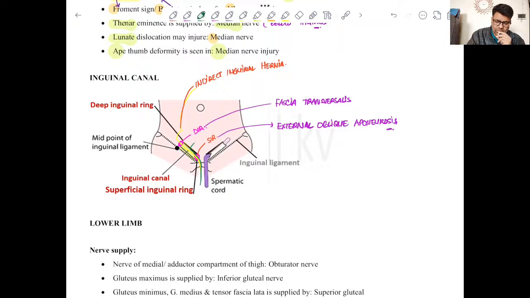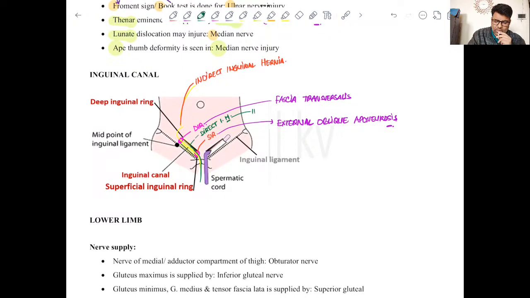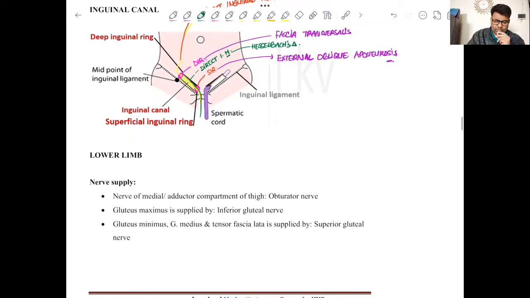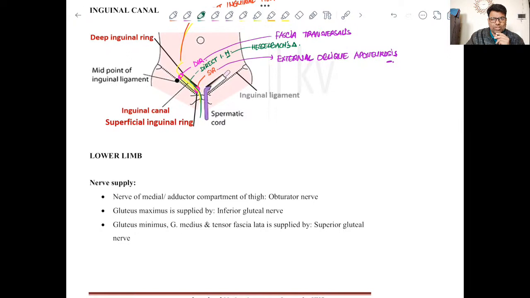So this is the direct variety. Clear? So direct and indirect. For direct we have already discussed Hesselbach's triangle. Fine. So this is the importance of the inguinal canal. It can lead to herniation of intestines or bowel.